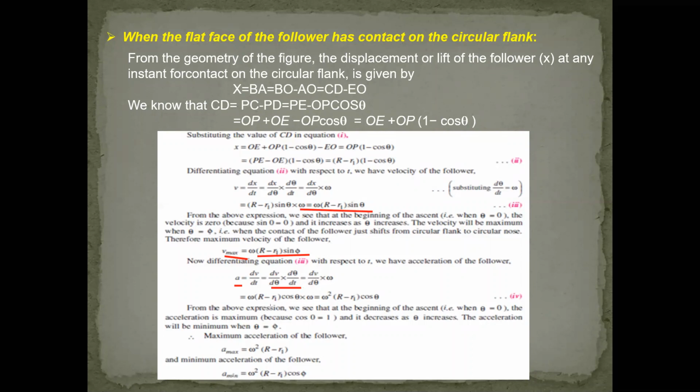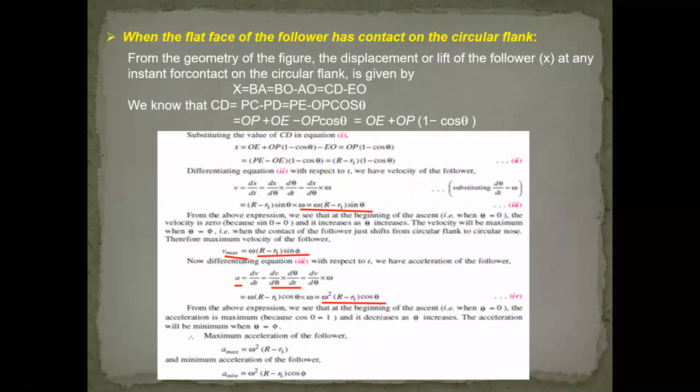Differentiating our velocity: omega into capital R minus r1 into d by d theta of sine theta, which is cos theta, into omega. So omega square into capital R minus small r1 into cos theta is our acceleration.